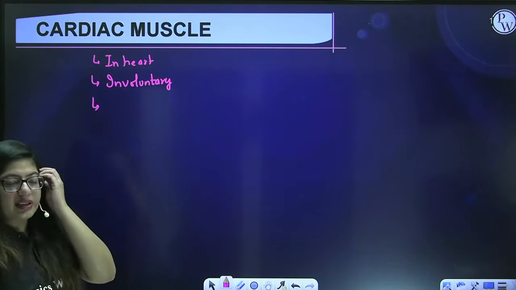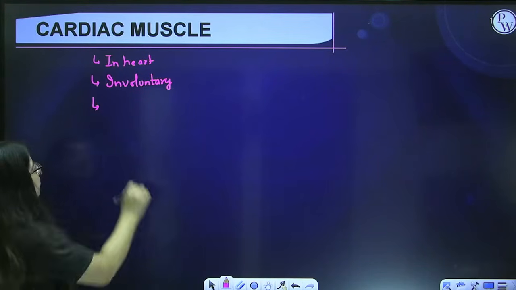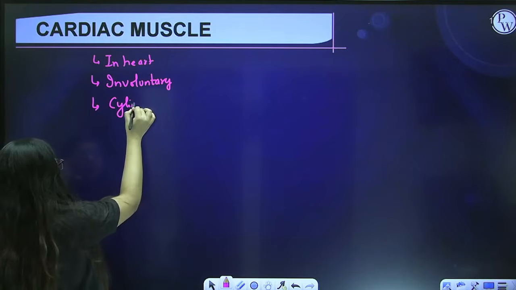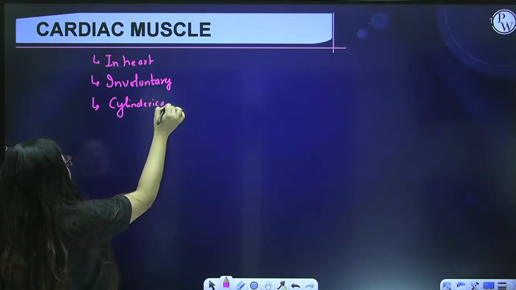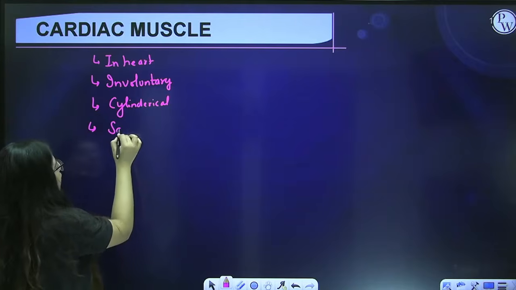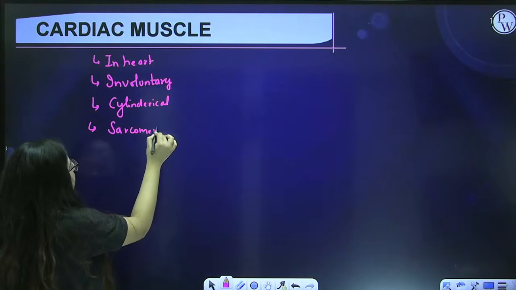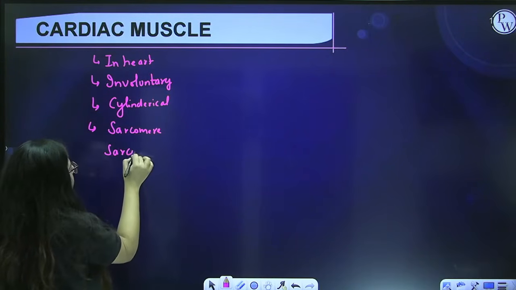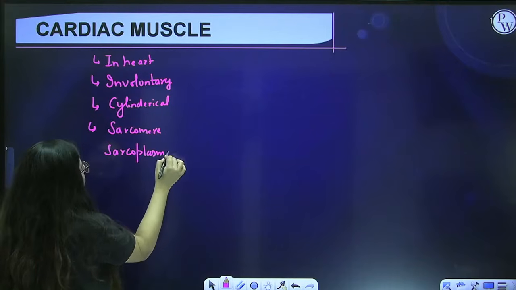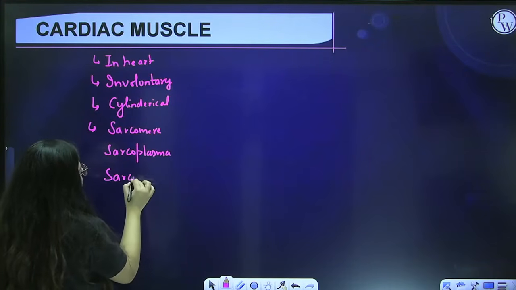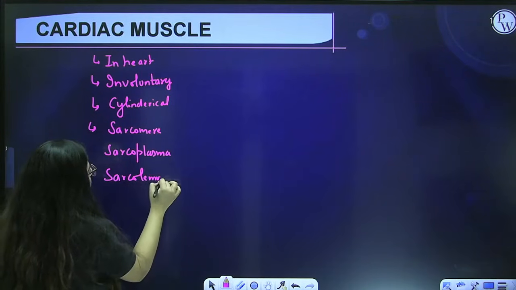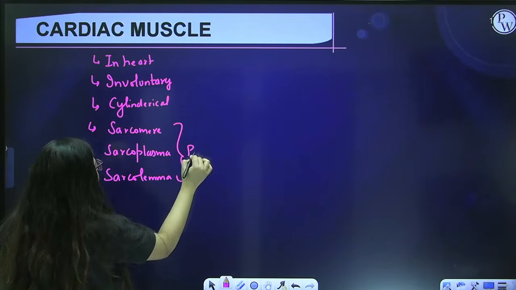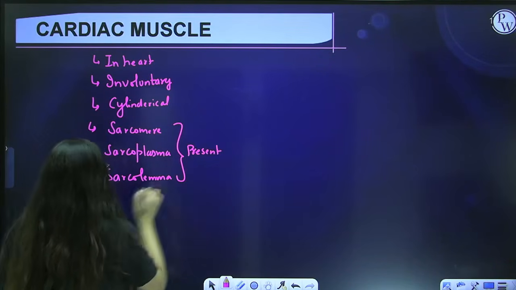This muscle is cylindrical like that of skeletal muscle. It is cylindrical in shape. And just like the skeletal muscle, it will have sarcomere, sarcoplasm, and sarcolemma. If it has sarcomere, definitely it will have alternate light and dark bands.